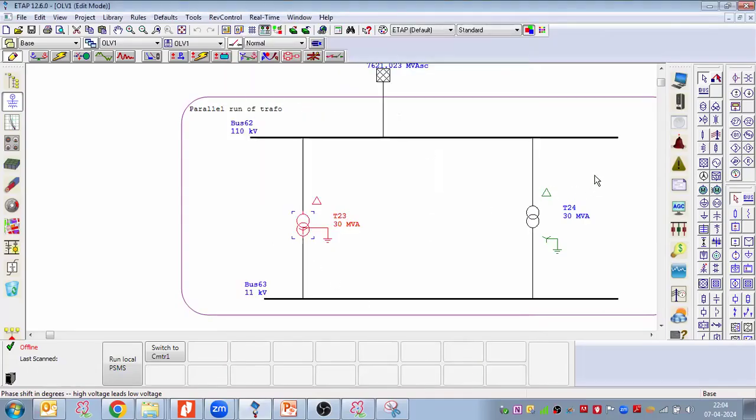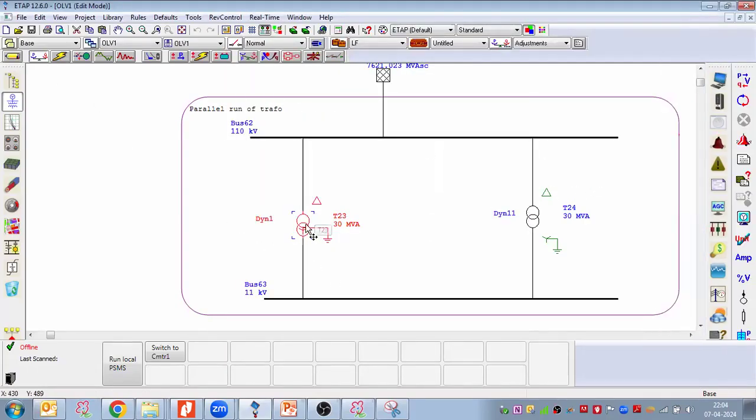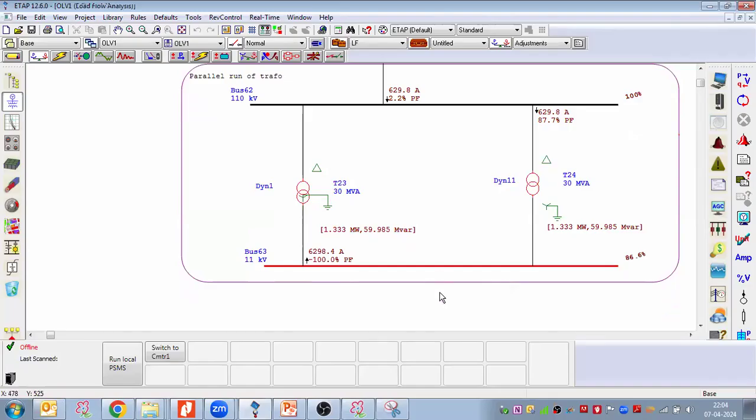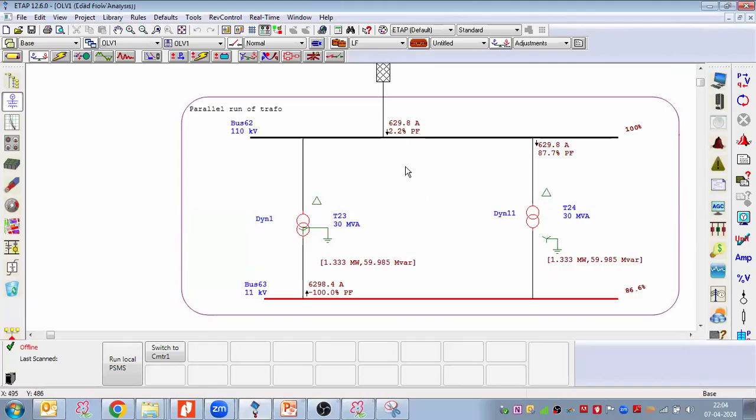In that case, both have different vector configurations. It is Dyn1, it is Dyn11. In that case, if we perform the power flow or load flow analysis, let us see. There is no load connected here. Ideally, there should not be any current flow, which we have seen in the previous case, where there was 0 ampere current flow.